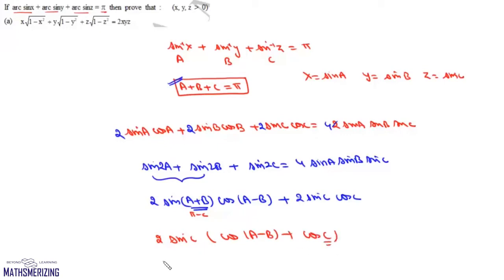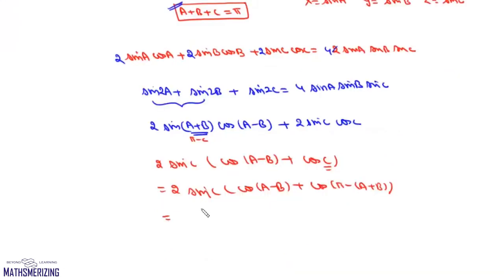Now again we'll write this cos c as cos of pi minus a plus b, since a plus b plus c is pi. So it will be 2 sine c into cos a minus b, and cos of pi minus theta is minus cos theta, so it will be minus cos a plus b.